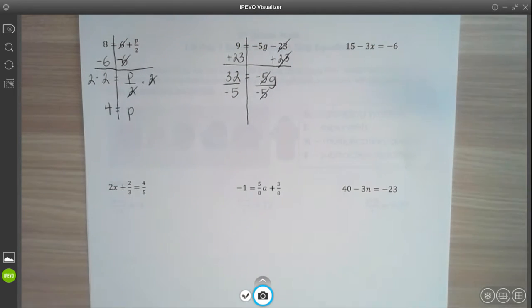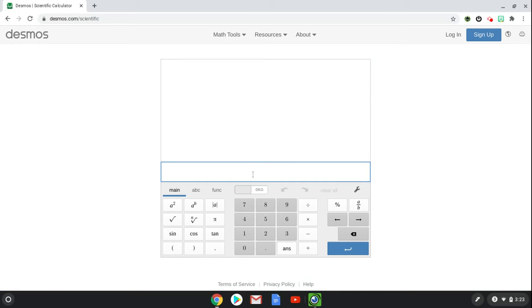Okay, so now I have a problem that's a little bit more complicated because it's not going to be a whole number. So if you want to, we can go into Desmos and type 32 divided by negative 5. Okay, and we can write this one as a decimal or as a fraction, either way, because the problem doesn't have fractions or decimals in it.